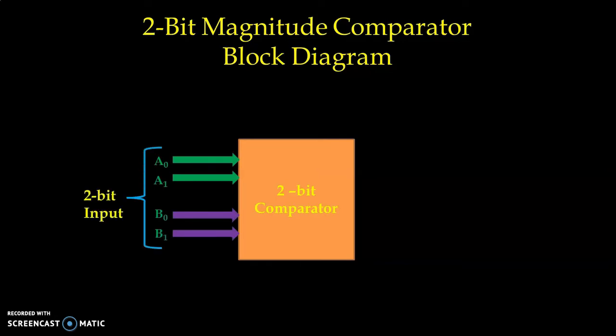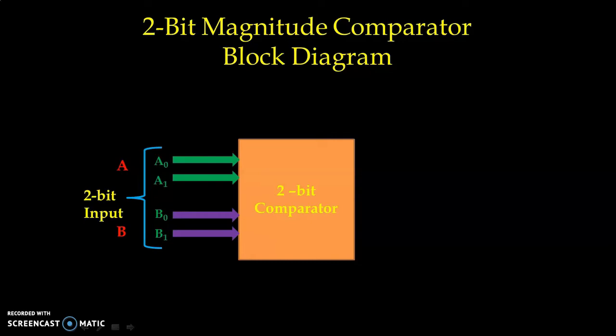So these are known as the 2-bit inputs. We have one binary number A as we discussed, and we have another binary number, that is B. So each binary number consists of 2 bits, A0 A1 as well as B0 B1, and that is why this magnitude comparator is known as a 2-bit magnitude comparator.